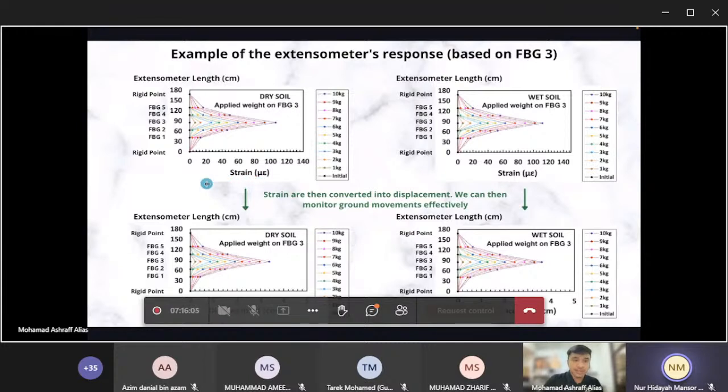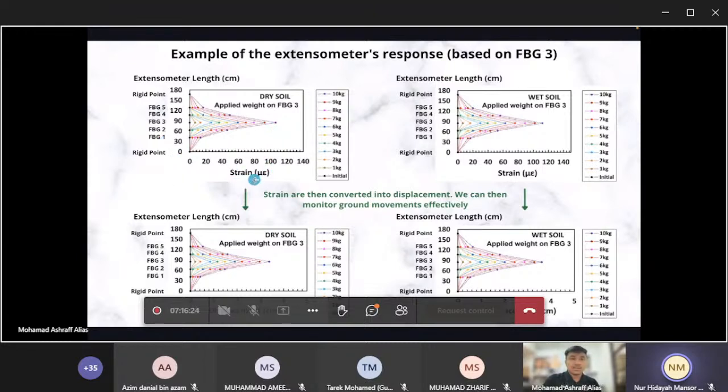towards strain. FBG3 has the highest response because the weight is applied on top of FBG3, which is also the bending point of the pipe. That is why FBG3 has the biggest strain compared to other FBGs.